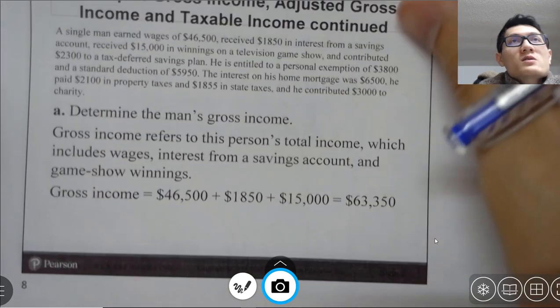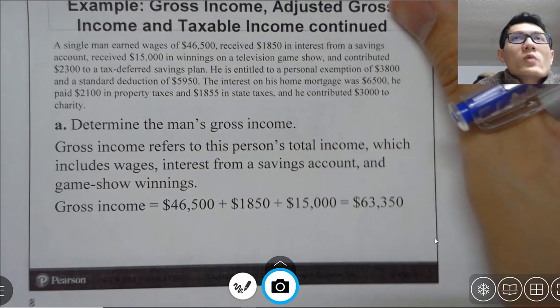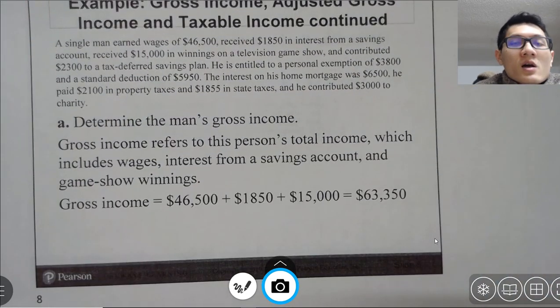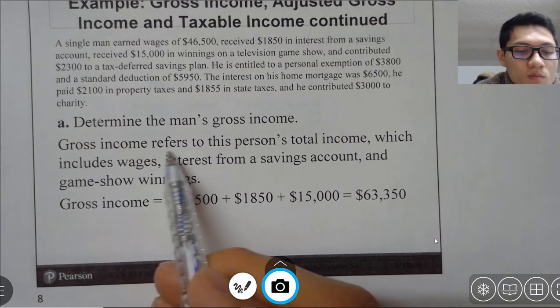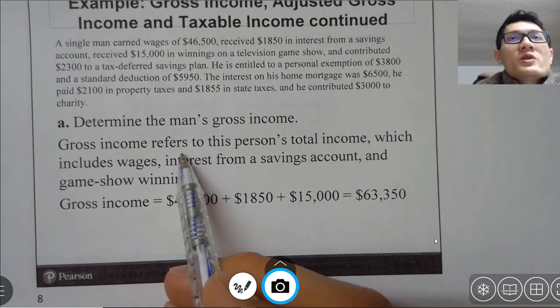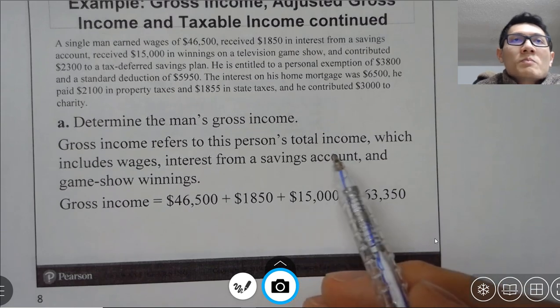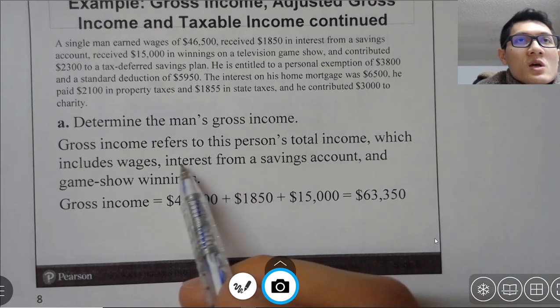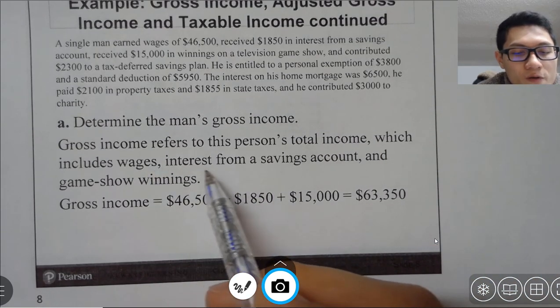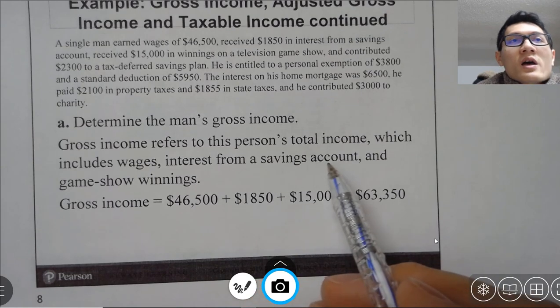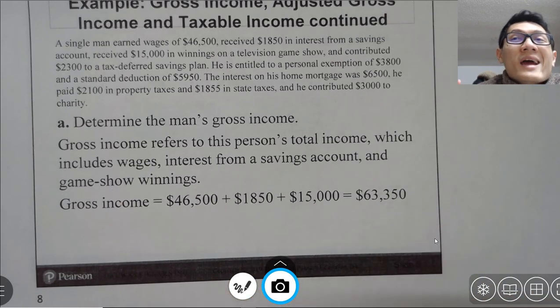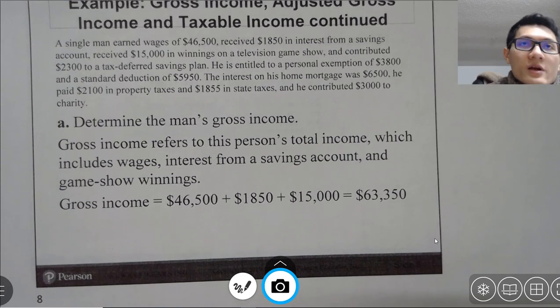The first thing that we learned from this section is that the gross income refers to this person's total income. That includes all the wages, the interest from a savings account, and the game show winnings. So anything that he received, any money that he got for the whole year, will be the gross income.